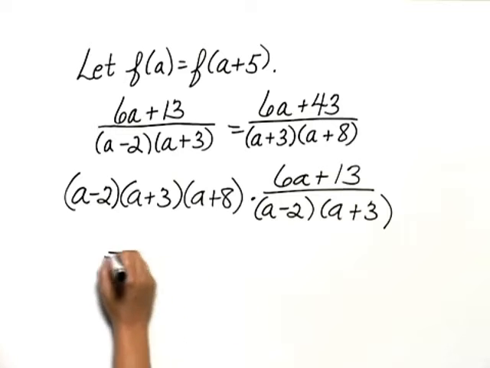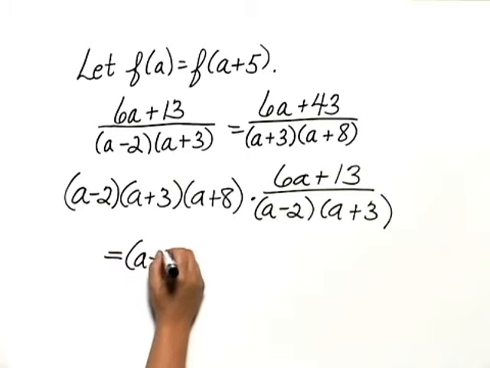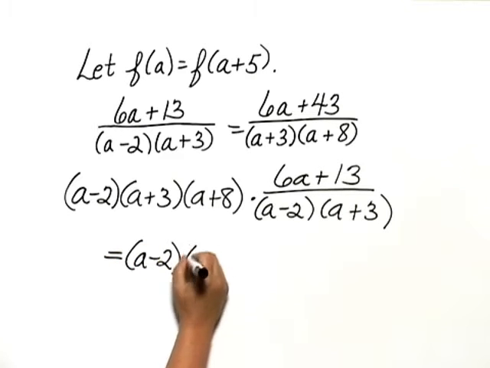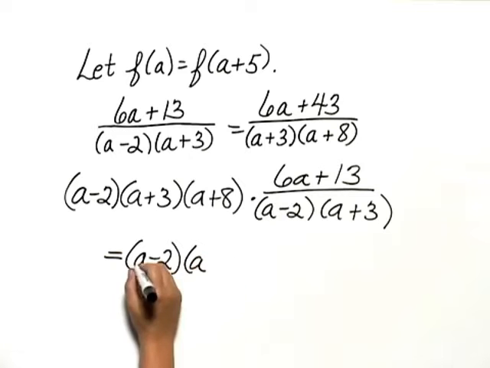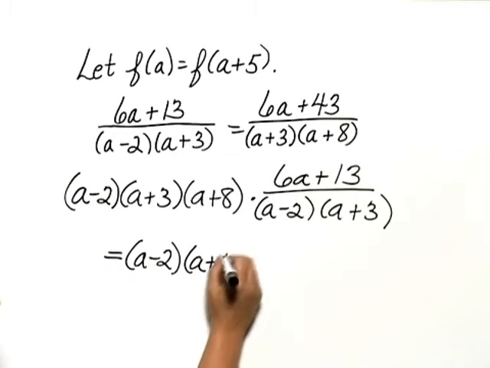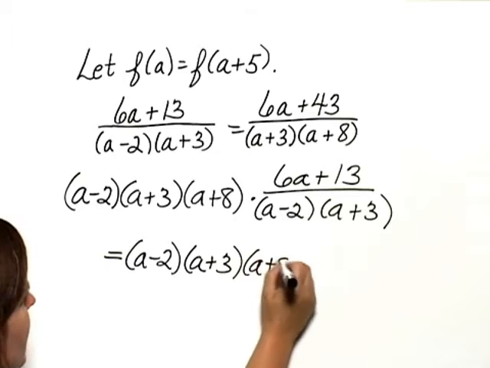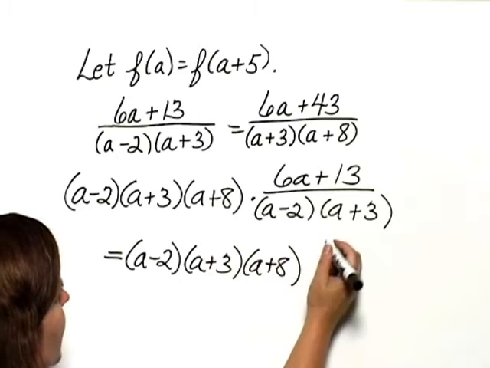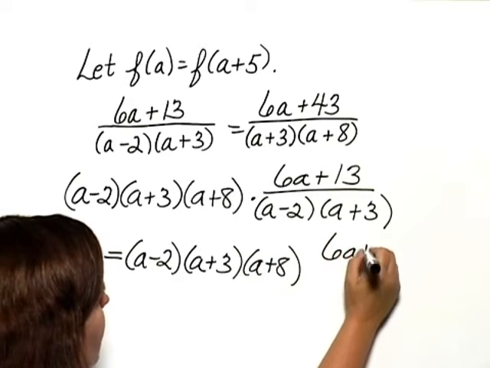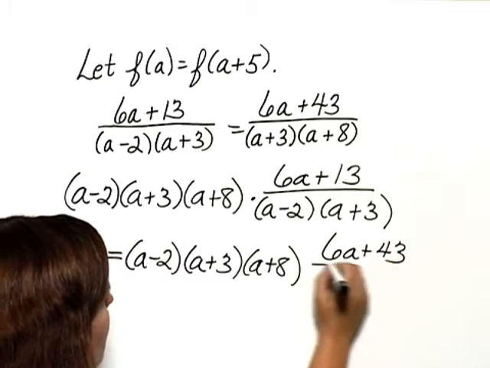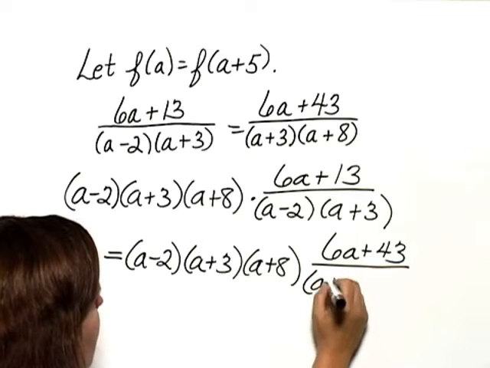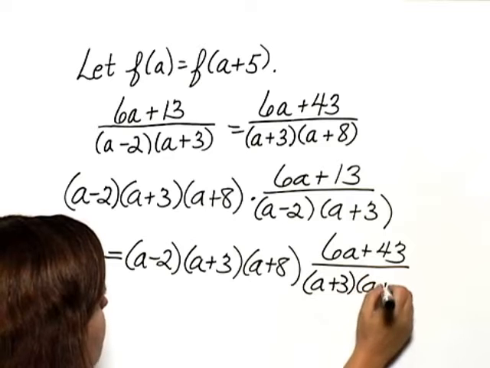And that equals, again, the same least common denominator, a minus 2 times a plus 3 times a plus 8, times the right side of the equation, which is 6a plus 43 over a plus 3 times a plus 8.